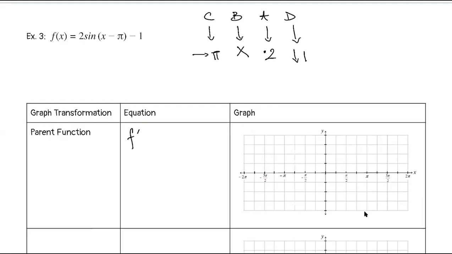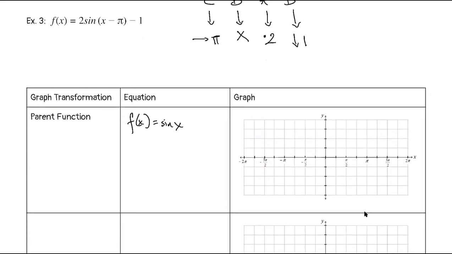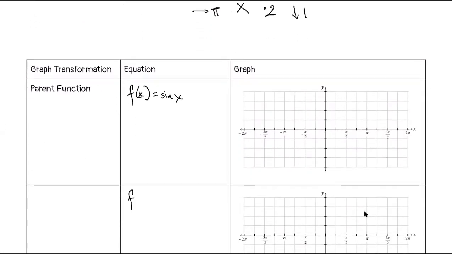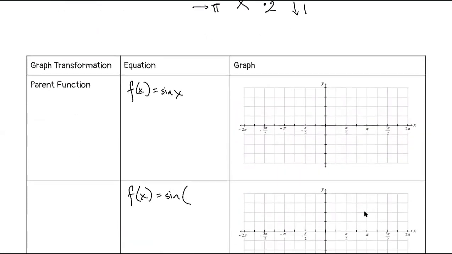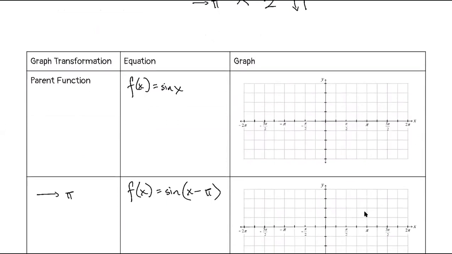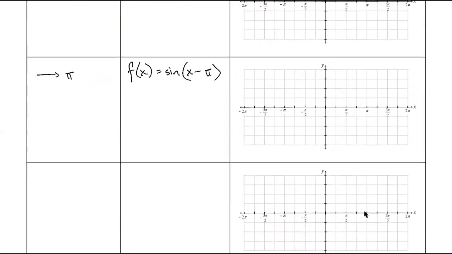So then we start with our good old friend sine x. What comes next? Well, we're going to have sine of x minus pi, or that means we move to the right pi units. We have a vertical stretch of 2, which is because of this 2 in the front.